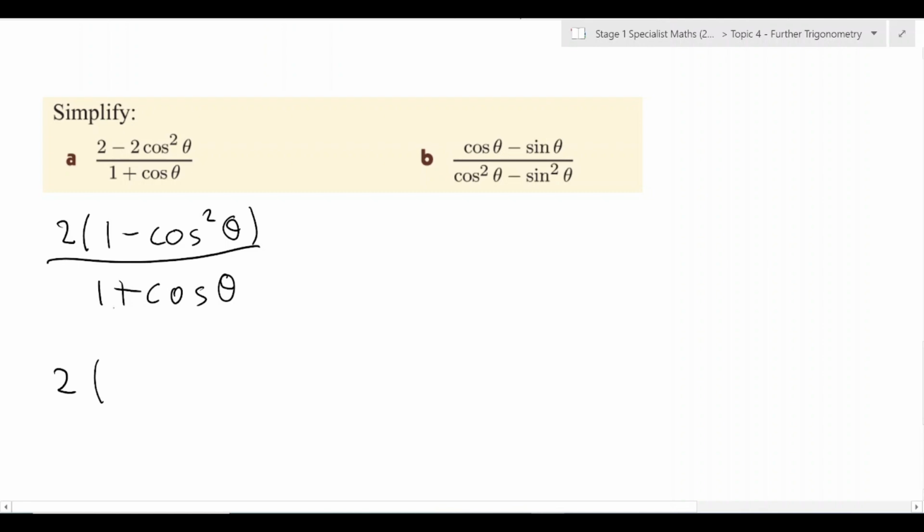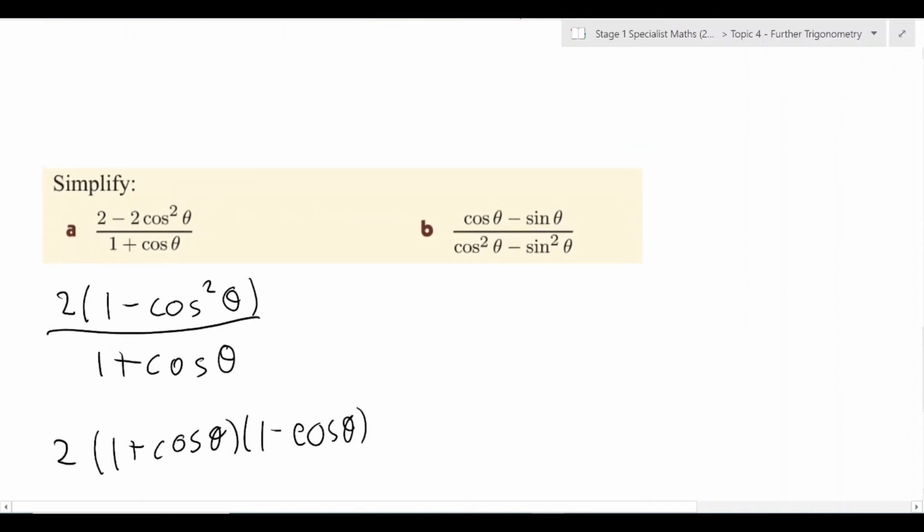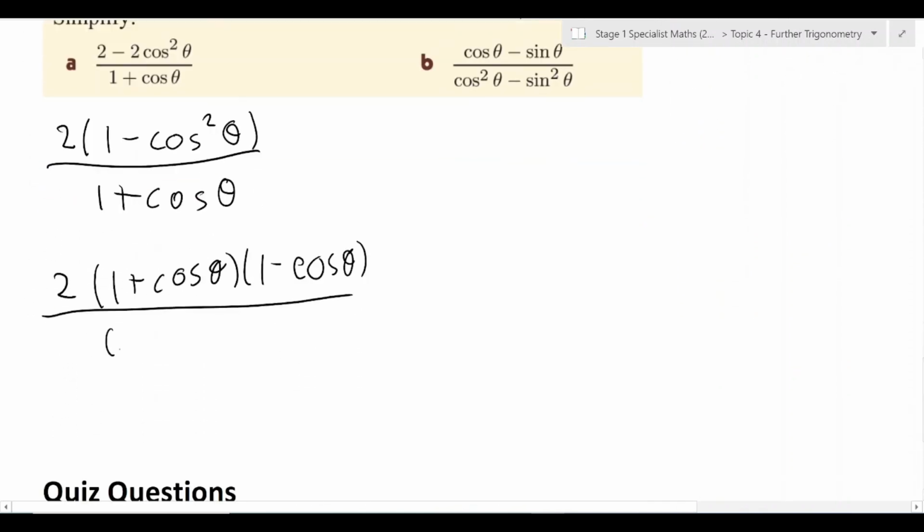So that's going to be 1 squared take cos squared. So you get 1 plus cos of theta and 1 take cos of theta, using that same rule that we used before. So all over 1 plus cos of theta, they're going to cancel out. So you get 2 brackets 1 take cos of theta as your final answer.